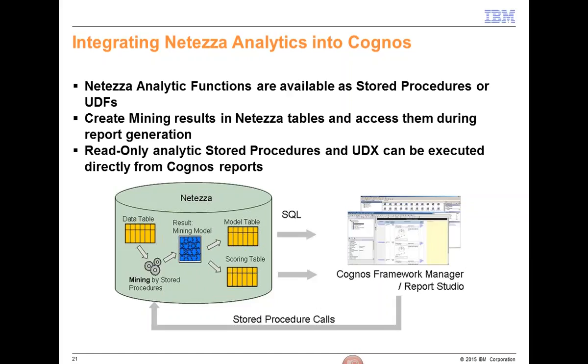Netezza has these UDS, or channels, I would say, to bring in stored procedures directly using Netezza Analytics functions, and leverage those functions along with the database functions that come from the end user running the reports or the Framework Manager layer, to pull data and mine it from the Netezza tables and access this using report generation. Also, these are read-only analytical stored procedures, and the UDX layer can be run directly from Cognos reports.